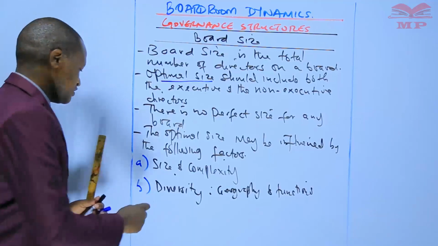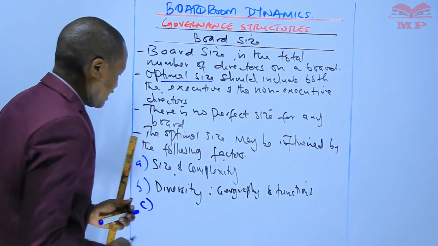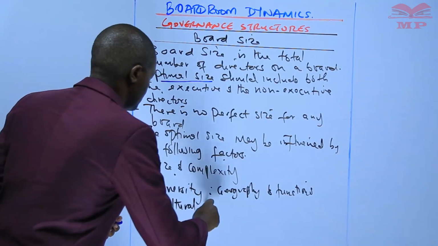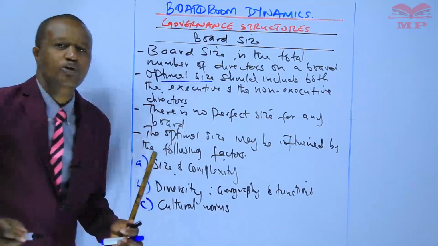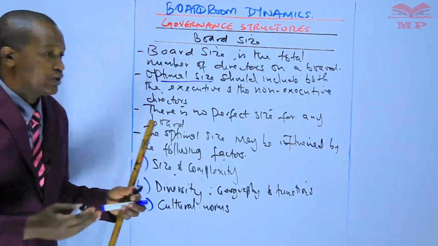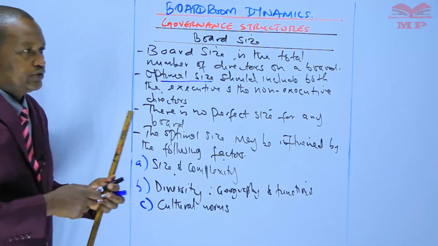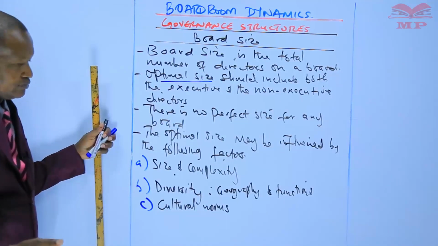Another factor is cultural norms. The cultural norms within the industry in which the organization operates. For example, university boards tend to be large.